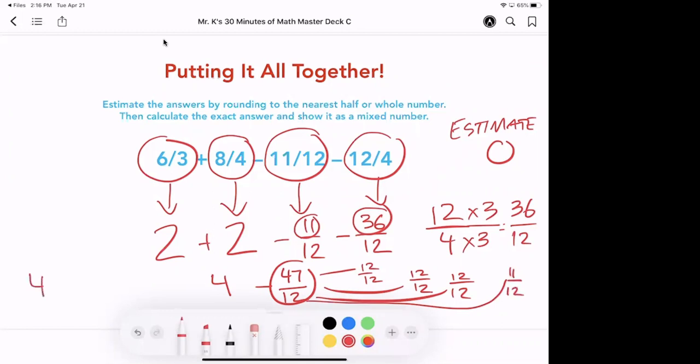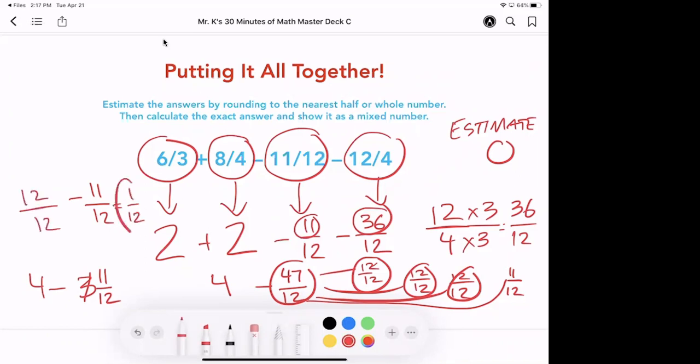So we have 4 minus 1, 2, 3 wholes, and 11/12. Well, if we have 4 wholes and we take away 3, then we'd have 1 whole. We still have to take away 11/12. Well, we know 1 is the same as 12/12. And so there you have it. 1/12 would be our exact answer.